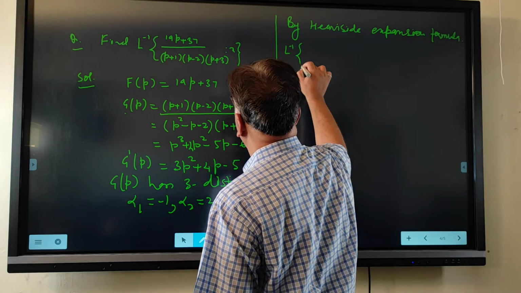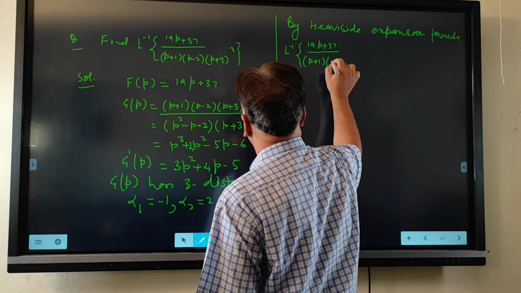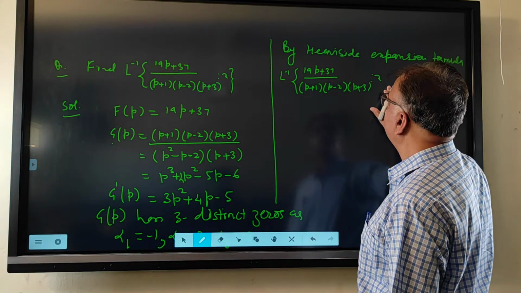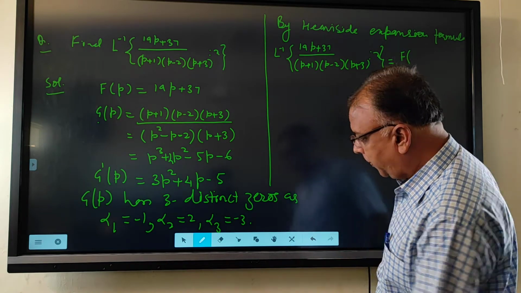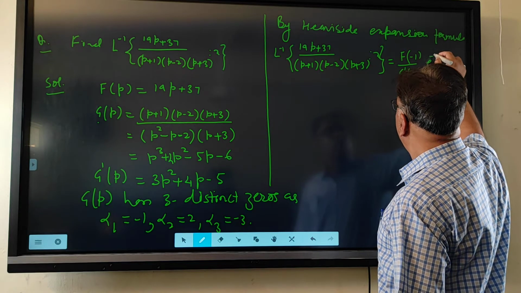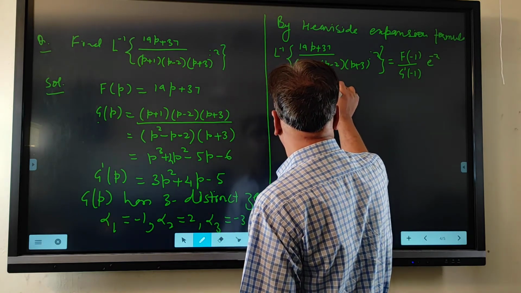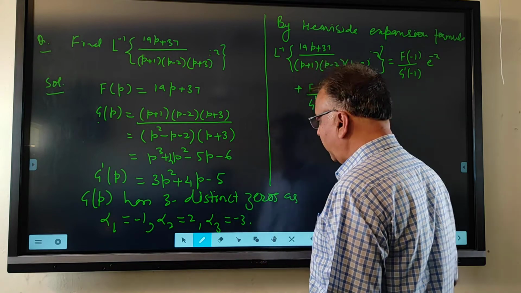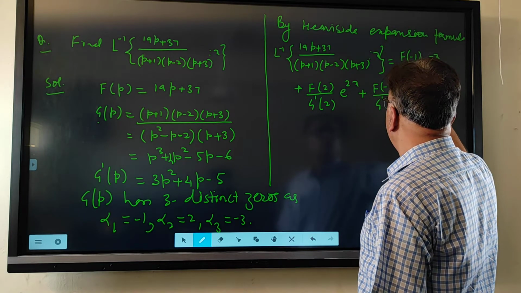the inverse Laplace transformation of (19p plus 37) upon (p plus 1)(p minus 2)(p plus 3) with respect to x is equal to F(alpha 1), that is F(minus 1), upon G dash(minus 1) e raised to minus x, plus F(2) upon G dash(2) e raised to 2x, plus F(minus 3) upon G dash(minus 3) e raised to minus 3x.